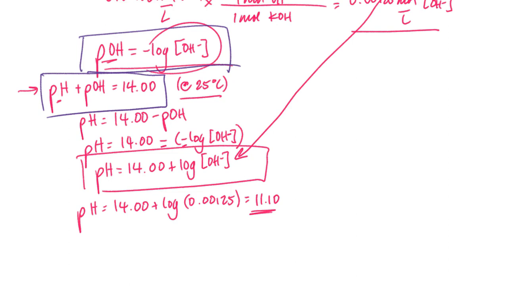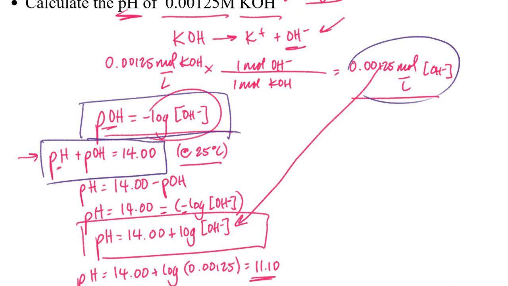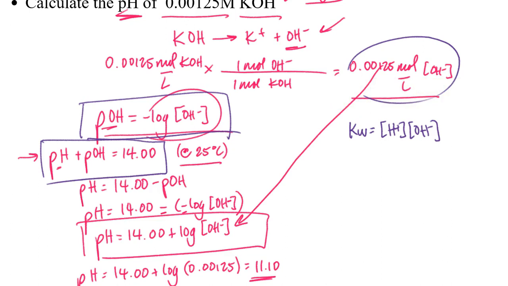It's also entirely possible, if I were to calculate this hydroxide ion concentration, recall that Kw is equal to the hydrogen ion concentration times the hydroxide ion concentration. So there's actually another possible way for me to do this problem.